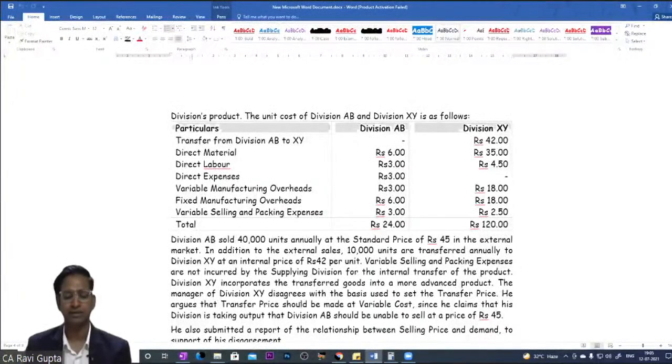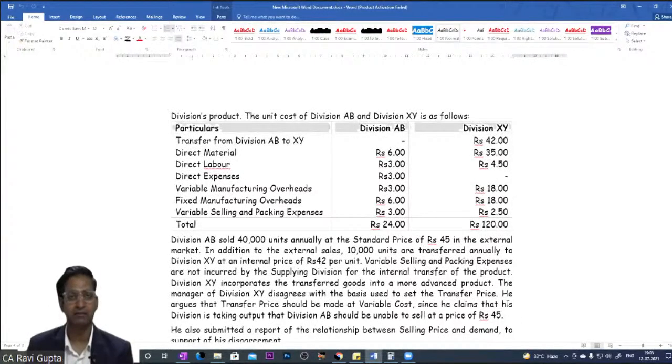He argues that the transfer price should be made at variable cost. Definitely, the receiving division should always want the transfer price to be at a very low cost so that its profitability increases. He claims that his division is taking output that division AB would be unable to sell at a price of rupees 45.